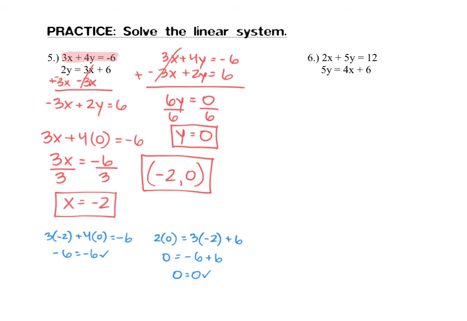All right, let's move on to number 6. Again, I'm going to need to do some rearranging to get these into the same order. So again, you're picking one to leave alone and the other one to move to make it look like it. So I will go ahead and leave the first one just as it is, and I'm going to move that second one around so that it goes in the order x, y, equal sign, constant.